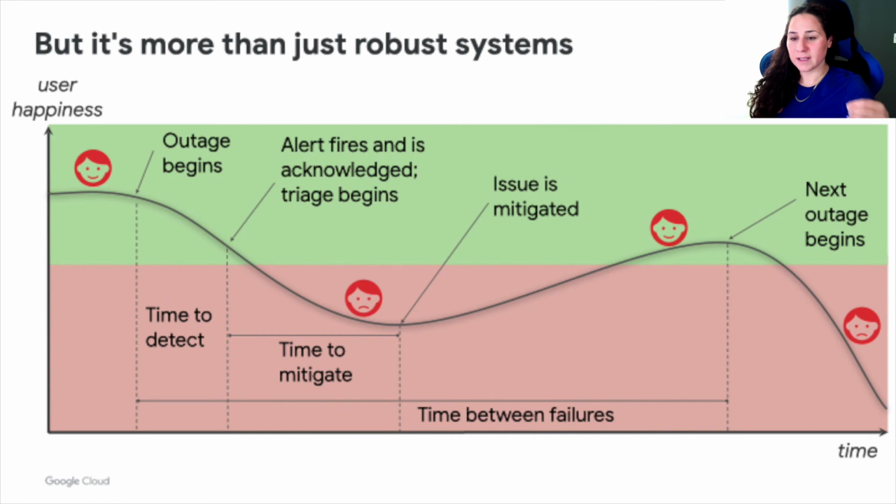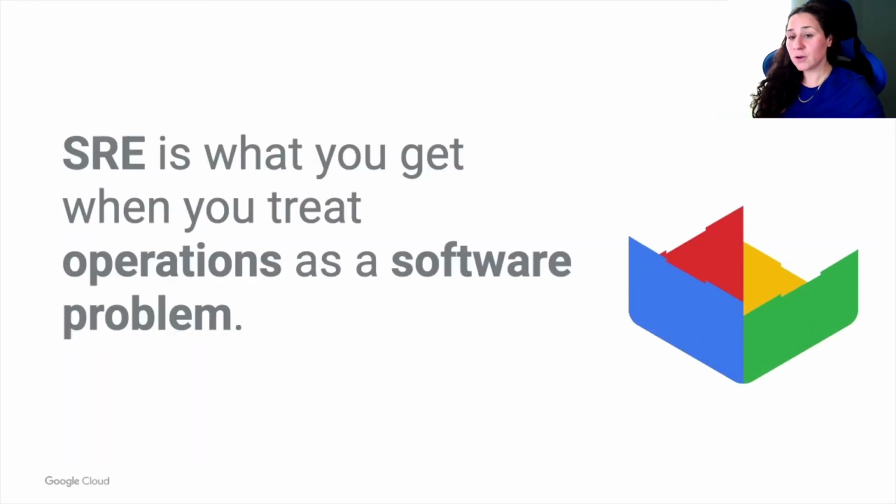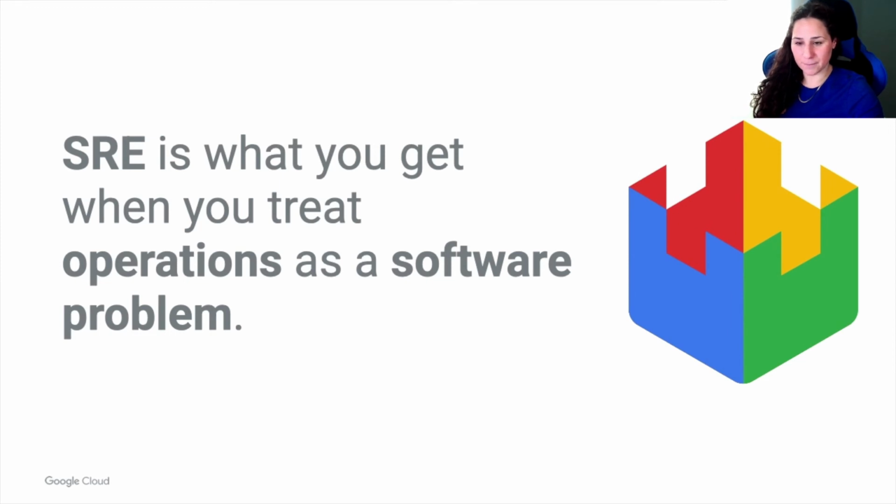Reliability is more than just building reliable systems, but we also need to run reliable systems. For that, we need to prioritize reliability. We mentioned that reliability is the most important feature, but reliability is not enough, and we need to balance velocity and reliability. Google's framework for that is SRE.